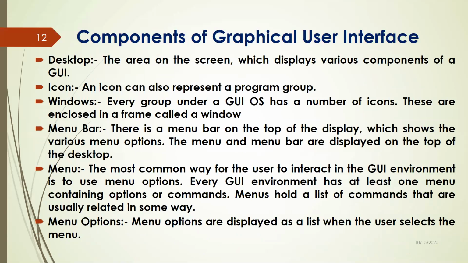Then what are the components of a graphical user interface? The components are desktop icon, windows, menu bar, and then individual menus and menu options. Each and everything is a component of a graphical user interface. They may ask either for the components of graphical user interface, or they may ask for the controls present in a graphical user interface. Either way they may ask.